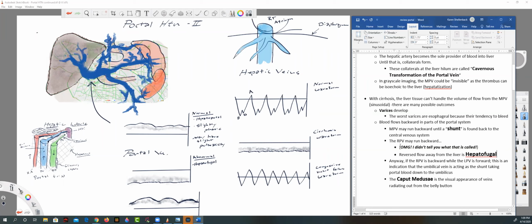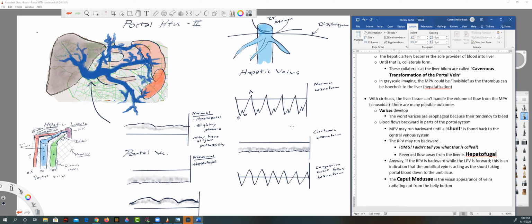The right portal vein could run backwards. If the right portal vein is backward while the left portal vein is forward, this is an indication that the umbilical vein is acting as a shunt, taking portal blood down to the umbilicus. And that kind of makes sense.